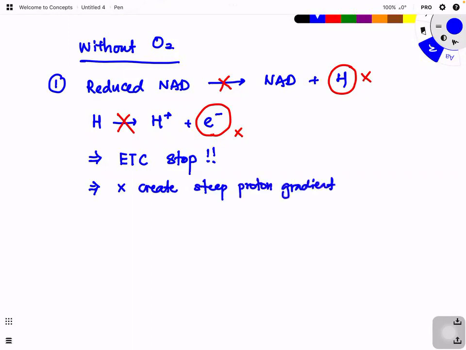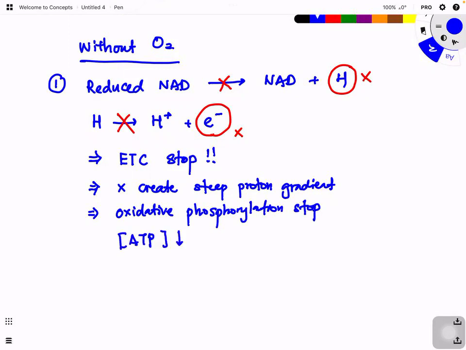If you can't create a steep proton gradient, what will happen next? No protons move across the ion channel, so no energy is released, therefore oxidative phosphorylation stops, and the concentration of ATP is now decreasing. That's one.